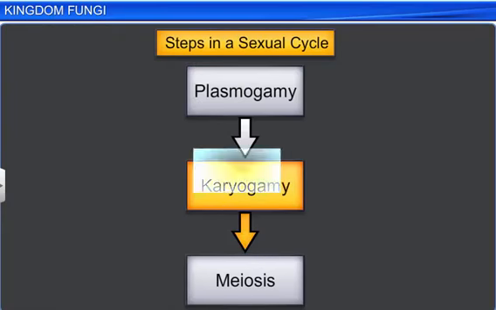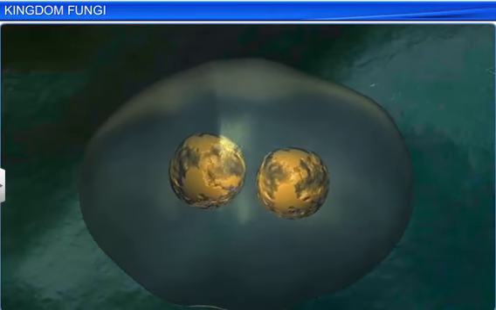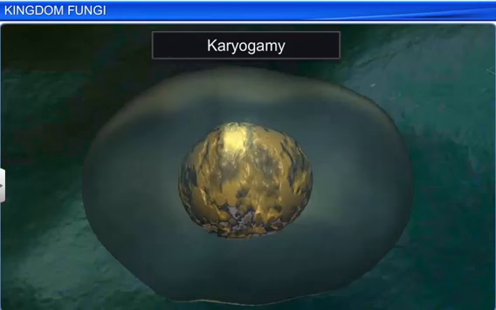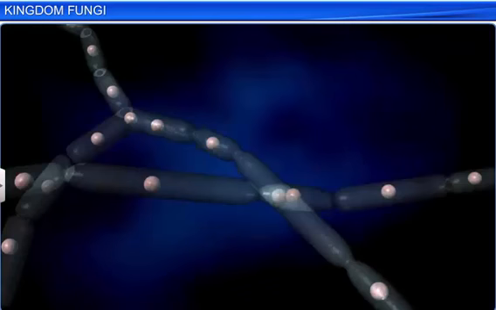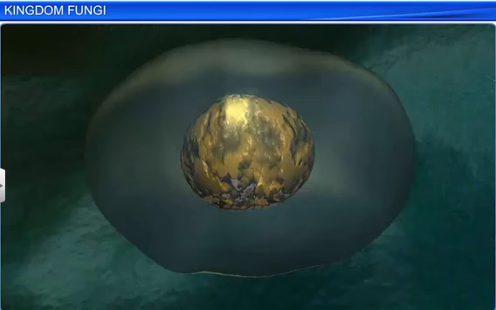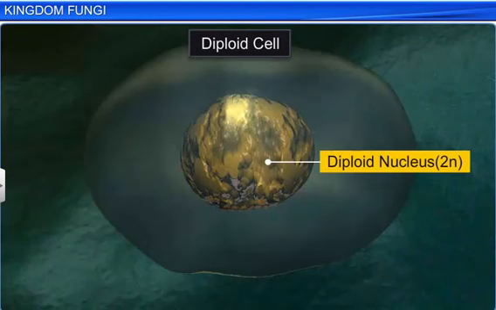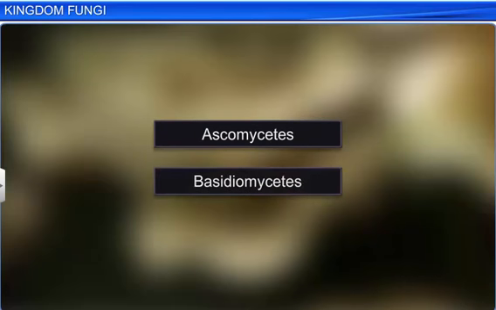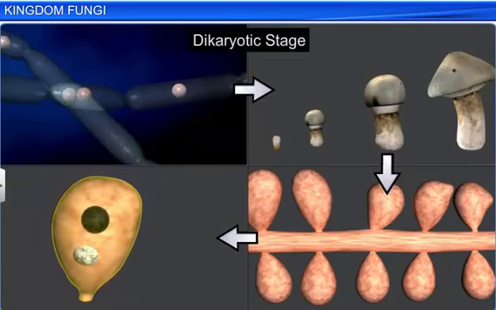After plasmogamy, the 2 nuclei fuse together in the second stage known as karyogamy. Whereas in some fungi, the fusion of 2 haploid cells immediately results in the formation of diploid cells, or 2N, in other fungi, like ascomycetes and basidiomycetes, an intervening dikaryotic stage occurs.